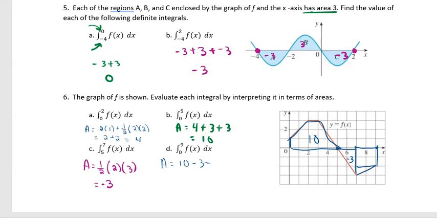And let's see if I can figure it out. So it looks like my square is 4, and then here I have a triangle, so 1/2. The base is 2, and the height is 1. 2 times 1 is 2, half of 2 is 1, 4 plus 1 is 5. So 10 minus 3, and this whole piece becomes -5. So it looks like for my area, I get 2.